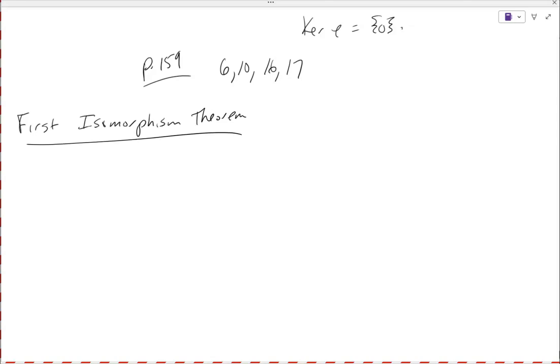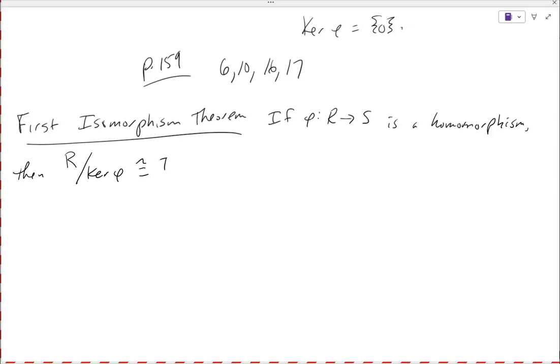So again, the first isomorphism theorem says that if we have a homomorphism from R to S, then if I take the ring R and mod out by the kernel of the homomorphism, I get something that is isomorphic to the image of the homomorphism.